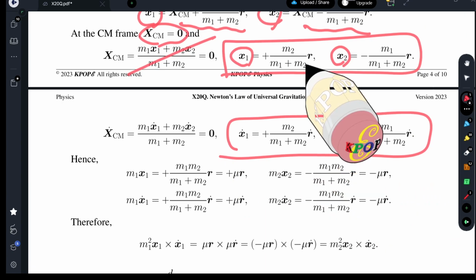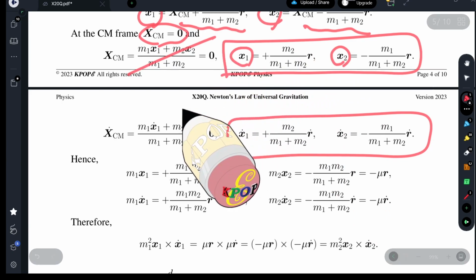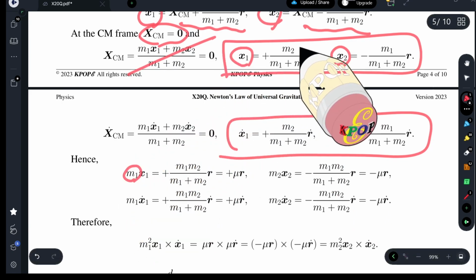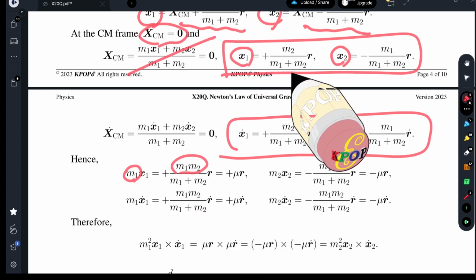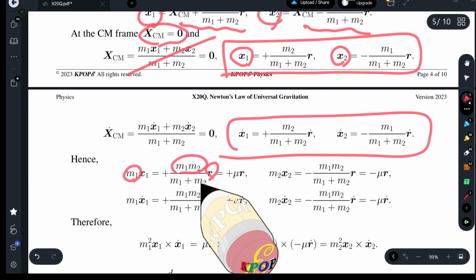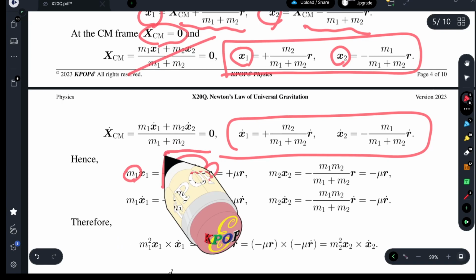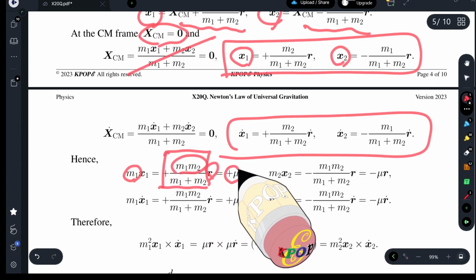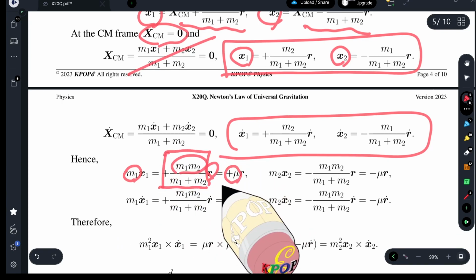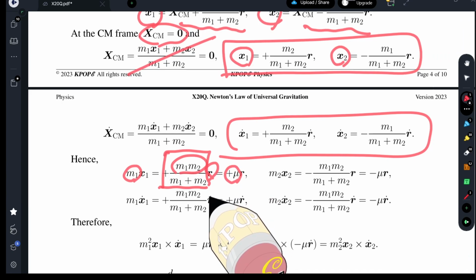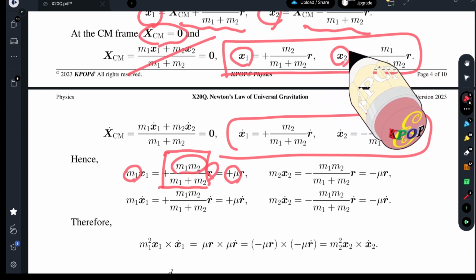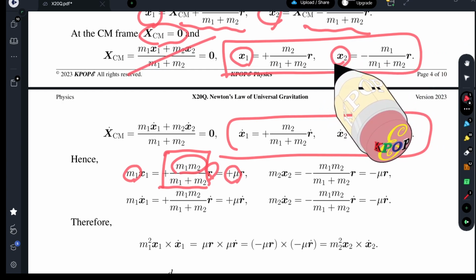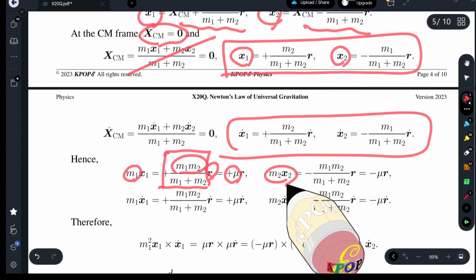We copy this, so we multiply m1 in here, everywhere m1, then we find the product and sum and relative coordinate vector. The vector is, we know what it is, and this is the reduced mass. In a similar manner, we can multiply mass m2 to the position vector for particle 2, that is this.